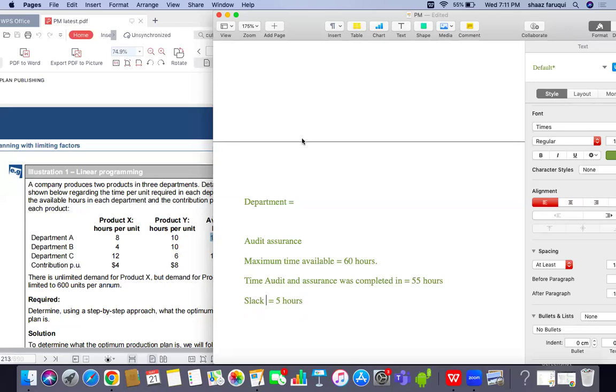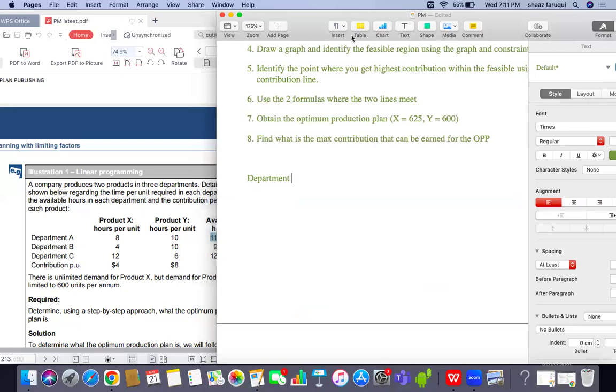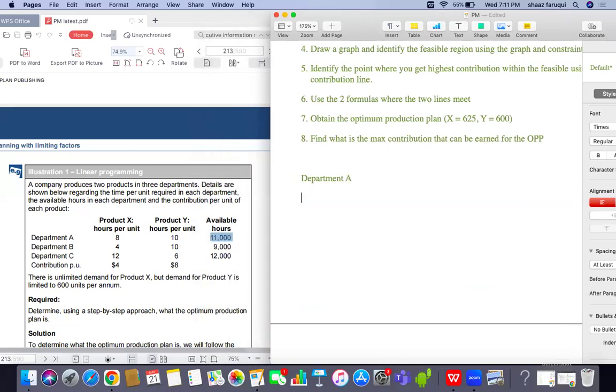For example, look at Department A. What was Department A's equation? 8x plus 10y is equal to 11,000. It cannot cross 11,000. X is 625 and Y was 600.